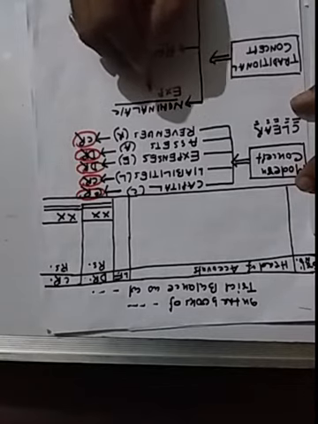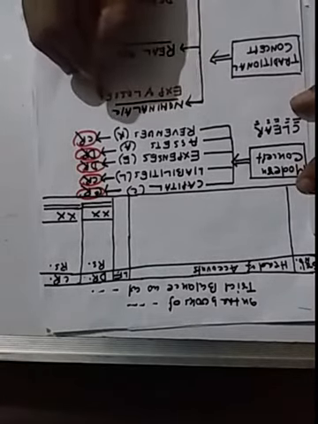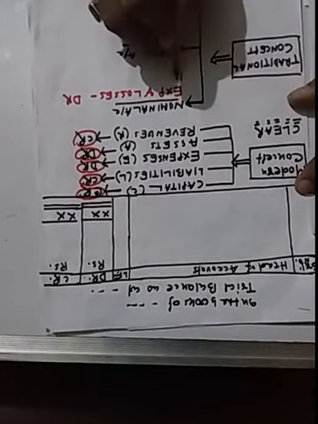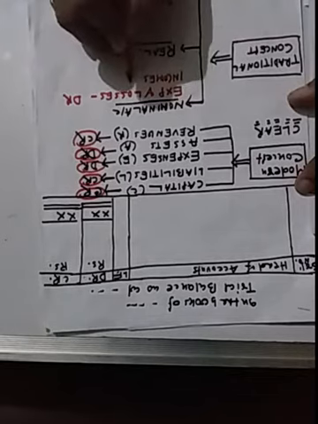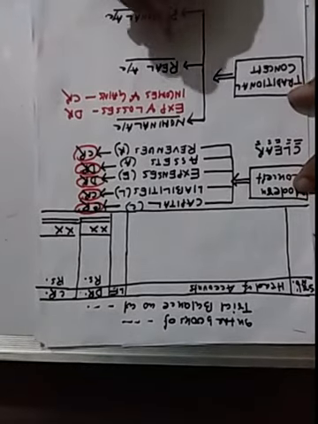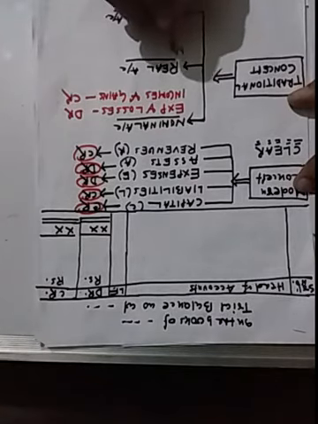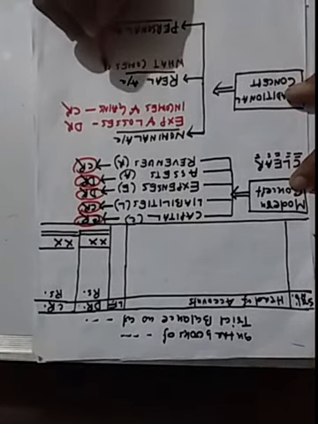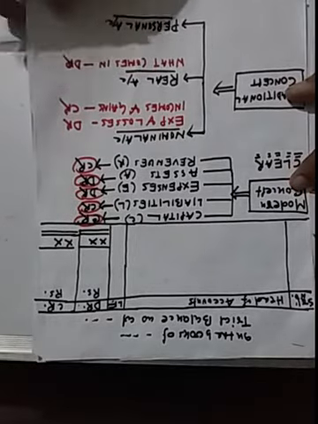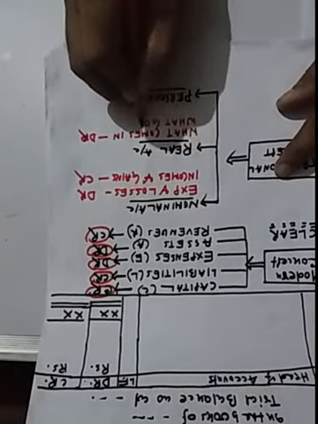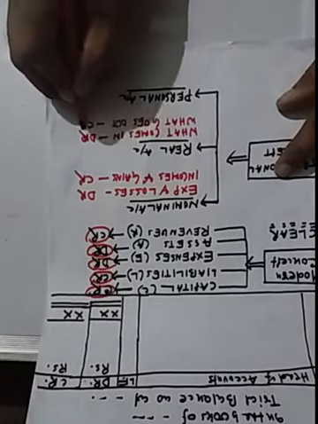In the nominal account, all expenses and losses will be debit, and all incomes and gains will be credit. In the real account, what comes in will be debit and what goes out is credit.